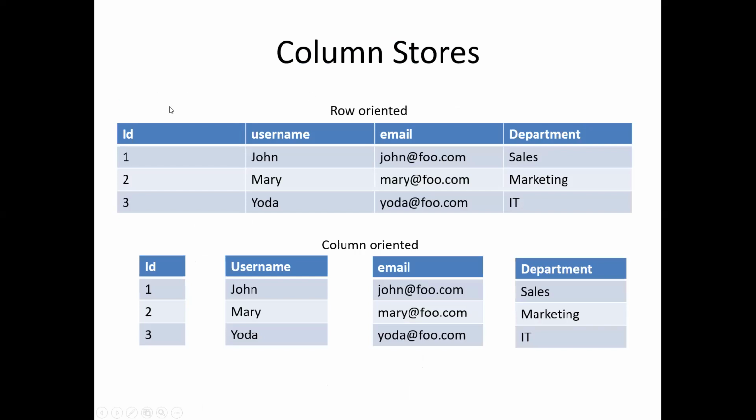This is a column-oriented database system, right? Here columns are split into multiple parts and then you store the data. There is no link from one column to another column, as we see in the case of a referential integrity constraint in RDBMS.